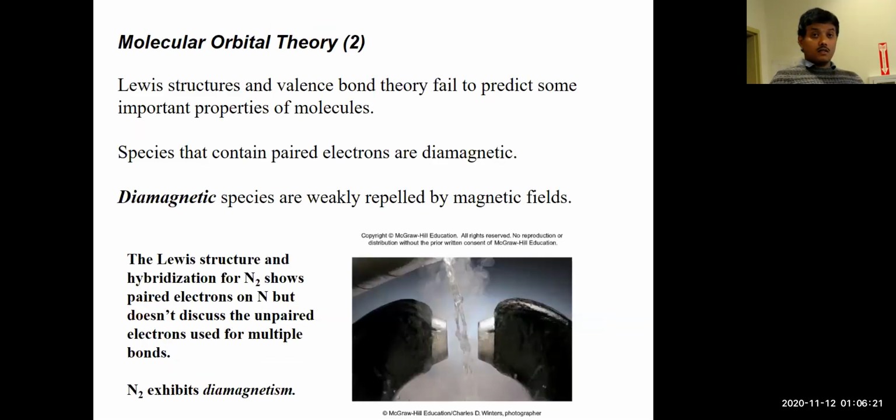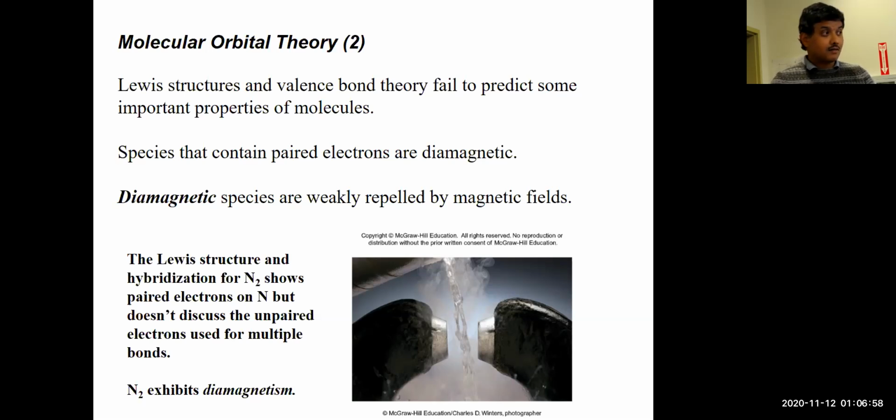And another case is that nitrogen is actually diamagnetic, but our Lewis structure and valence bond theory don't tell us that it is diamagnetic. According to the hybridization of N2, remember when we practiced N2 hybridization, if you draw it, because N2 has a nitrogen-nitrogen triple bond, you would come across each nitrogen having two single atomic orbitals, which means it must be really strong paramagnetic.